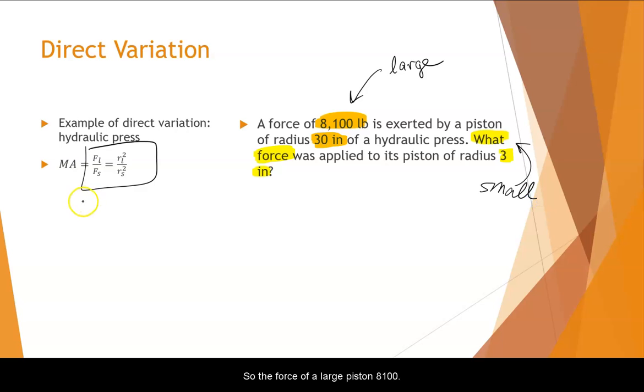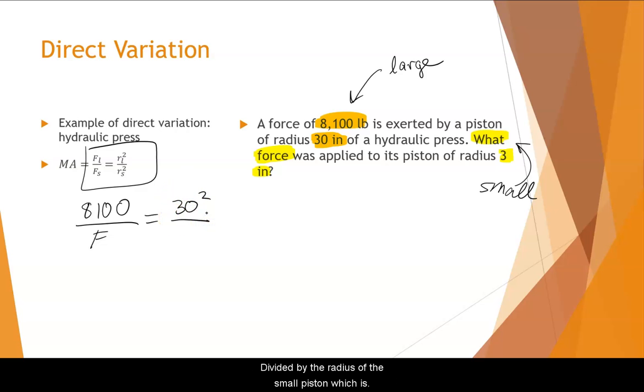So the force of the large piston is 8,100. The force of the small piston, that's what we don't know. The radius of the large piston is 30 inches, so this is going to be 30 squared, divided by the radius of the small piston, which is 3, so that's 3 squared.